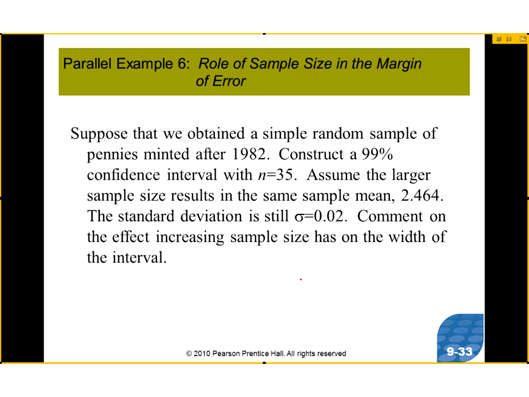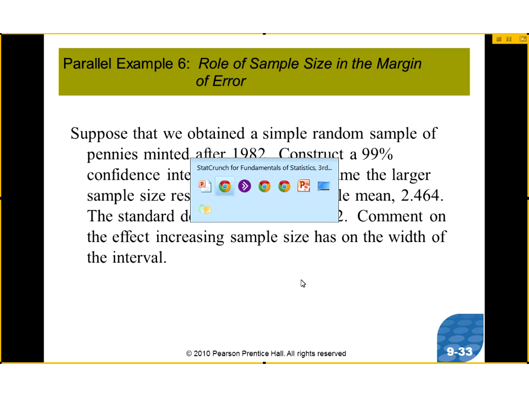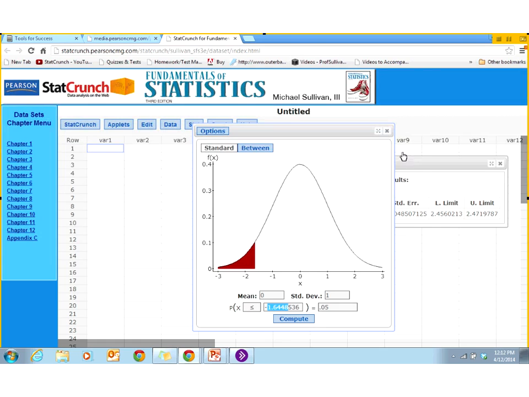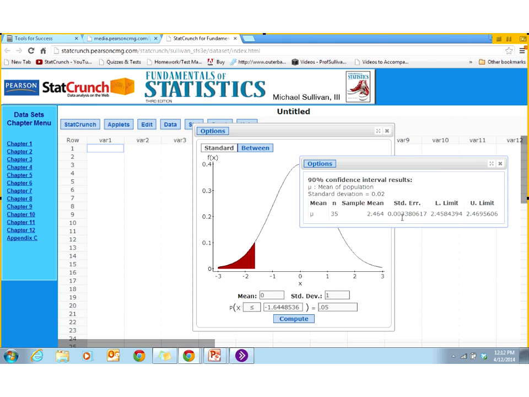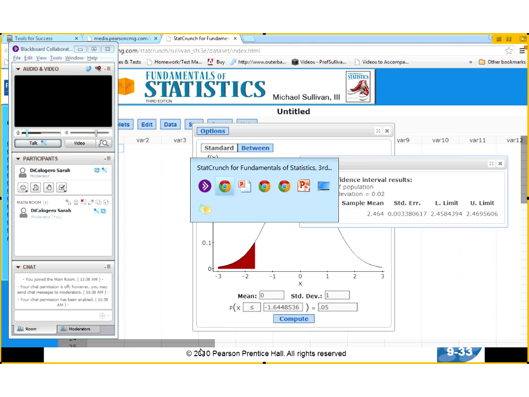Now, what happens if I increase the size of my data values from 17 to 35? And what happens to our margin of error? Ooh, 0.003. So that is smaller than that other margin of error of 0.004.